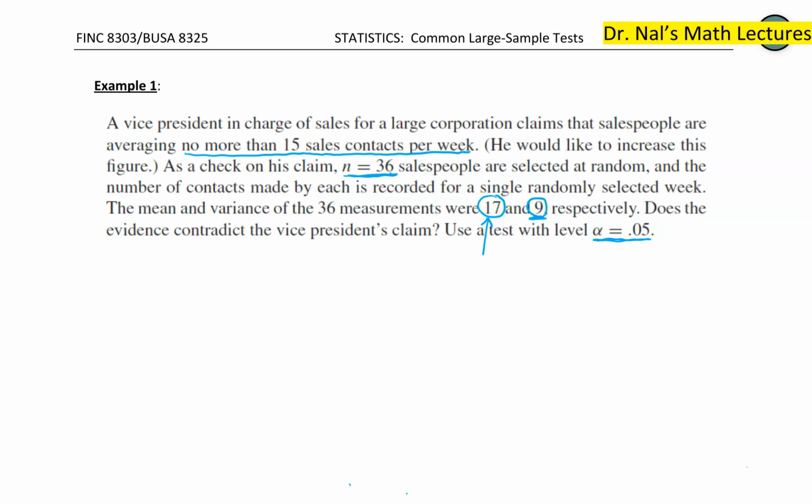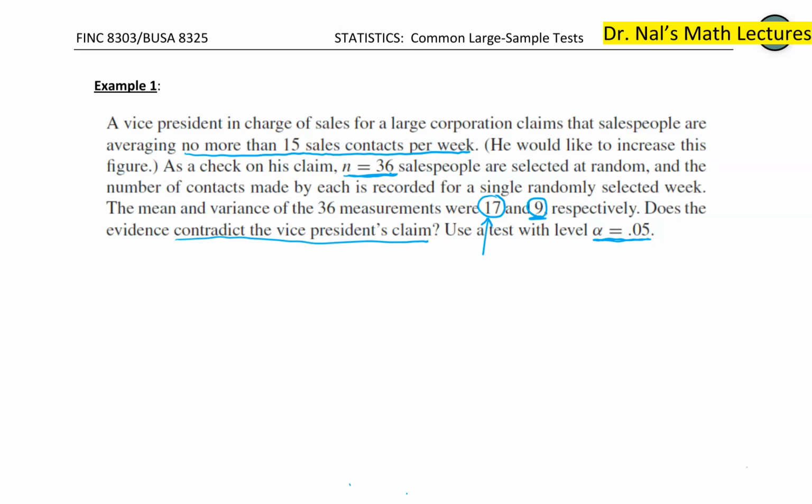I think the best way would be to start with our null and alternative hypotheses. So the alternative hypothesis is clear. We think that the vice president is wrong, and we want to see if the claim of the vice president is inaccurate.